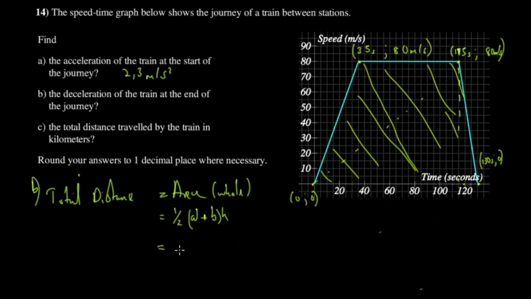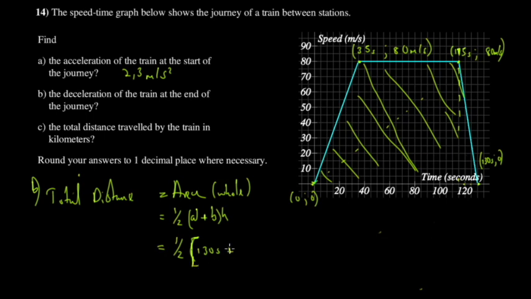So anyway, let's identify stuff. Our a is equal to 130 seconds, plus, our b is 115 minus 35, and you can even put big brackets here.